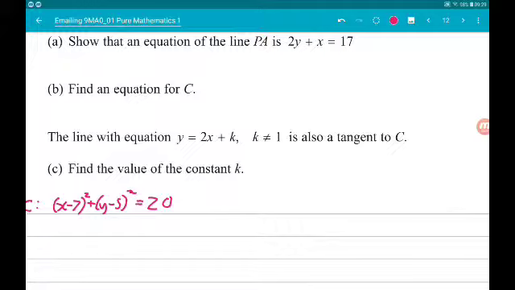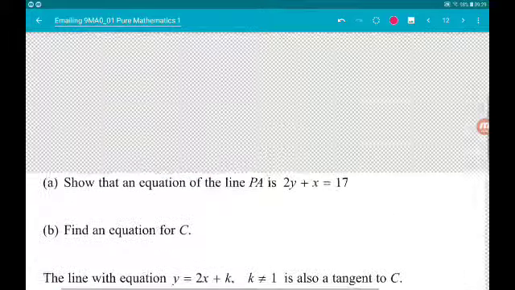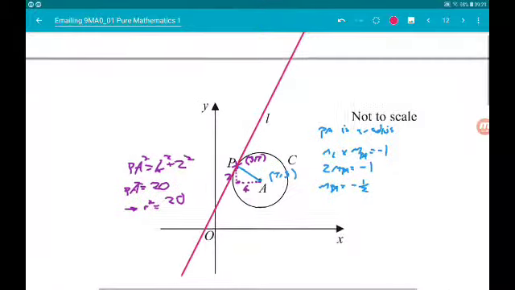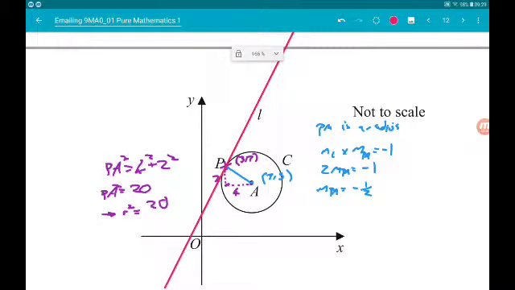My initial thought here was to do this simultaneously, substitute y equals 2x add k into the equation of the circle. That would have worked, but there's a nicer way. Y equals 2x add k has exactly the same gradient as y equals 2x add 1.